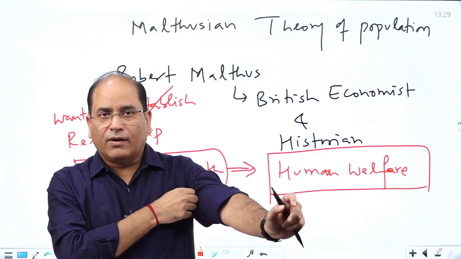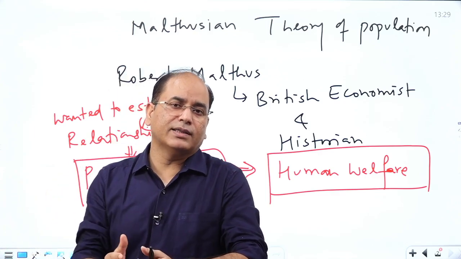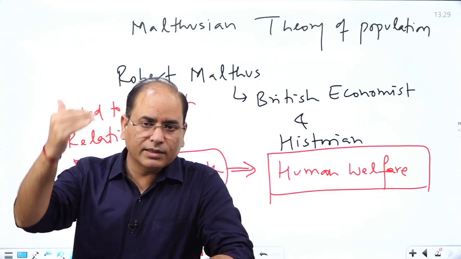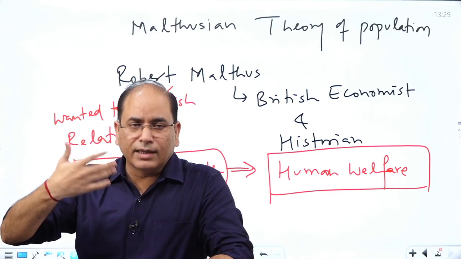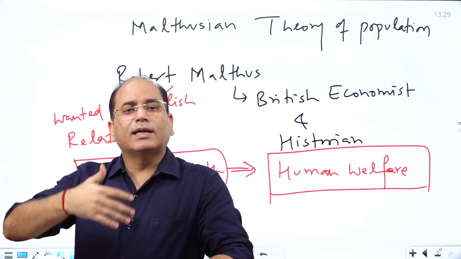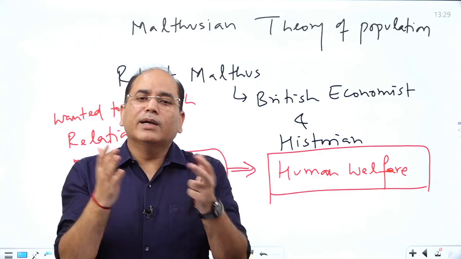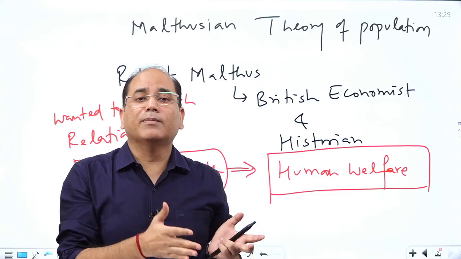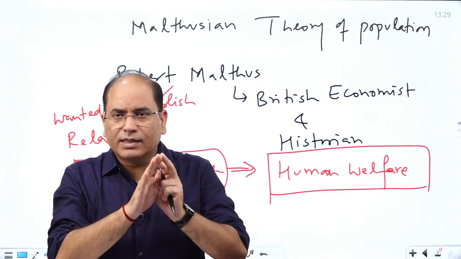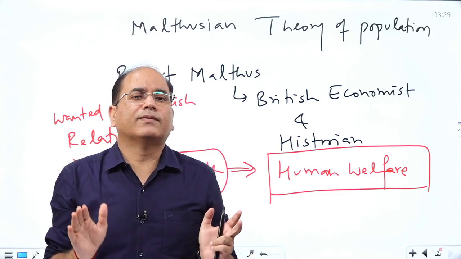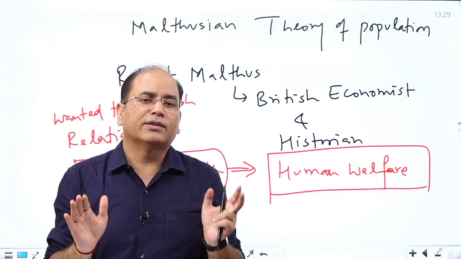So the decision had already been made by Malthus that whatever the people will do, because of this population growth, the trend that we are witnessing, this trend of population growth is ultimately going to have a negative impact on the society, and in fact society will collapse. That was the crux, the summary of his idea of population growth.